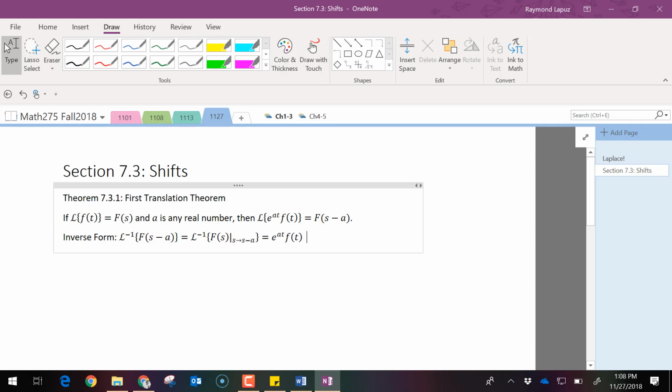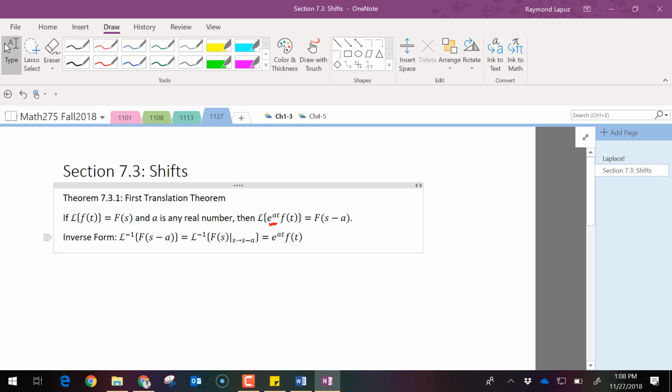The translation theorem here happens in the S world, where there's a shift in the S. And for that, we see that the transformation for e to the at times a function f of t is going to result in a function in the S world that has been shifted by a units to the right.